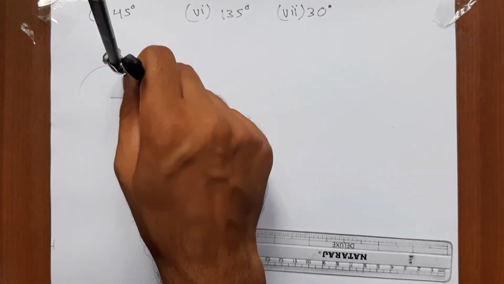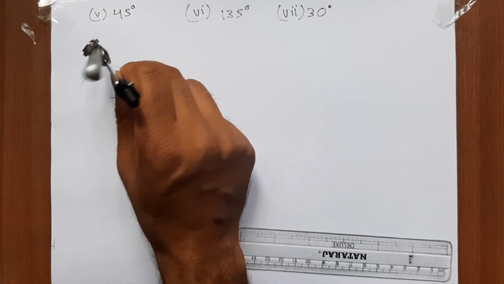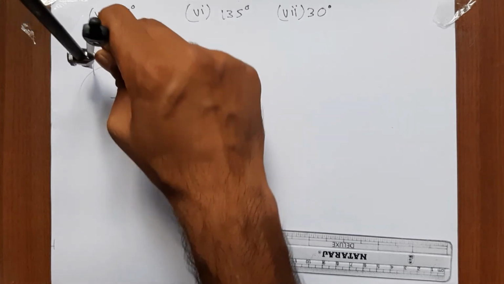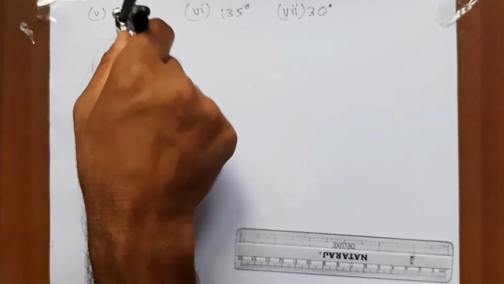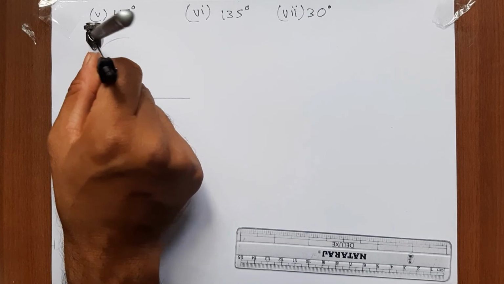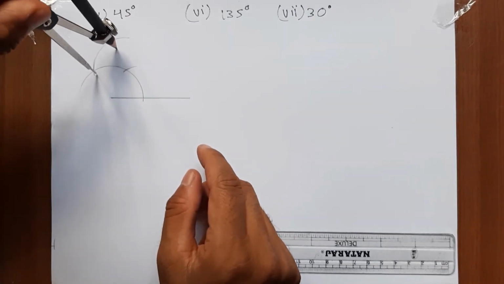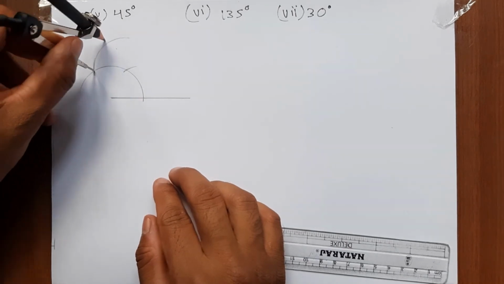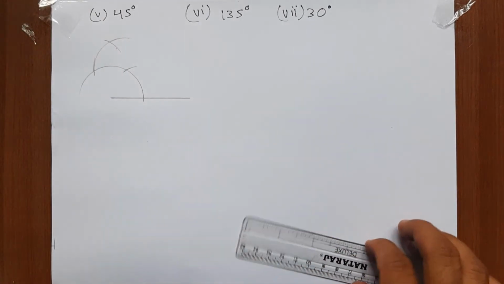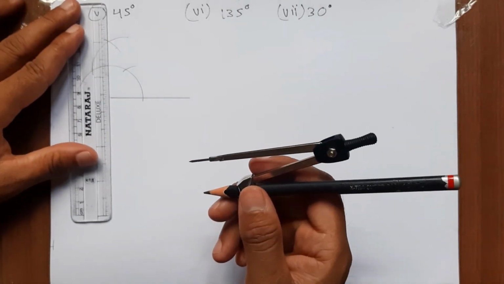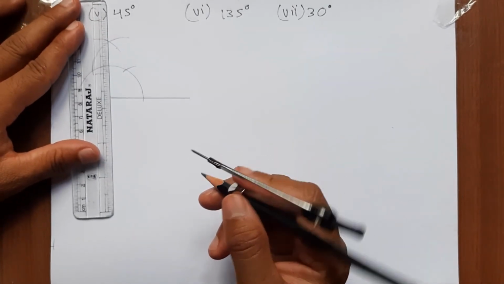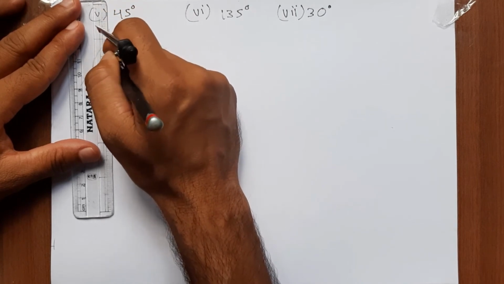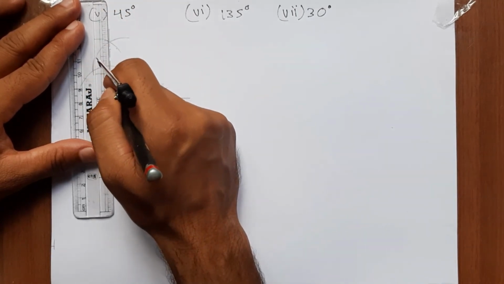First cut 60 degrees, second cut 120 degrees, and this is our 90 degrees. So join this, making dots intersecting this arc.